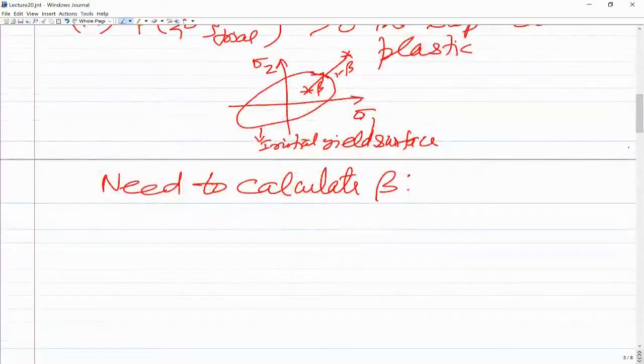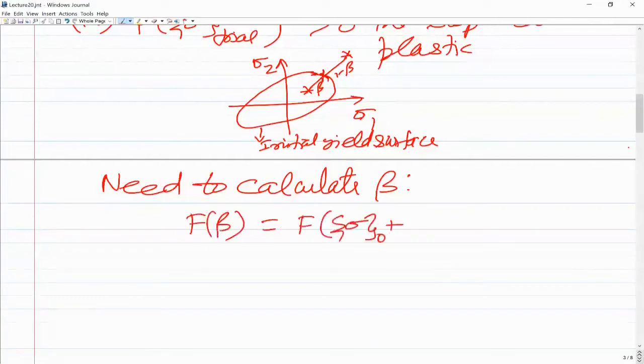By coming to this point, where f is just equal to 0, you calculate f of beta, which would be calculated as f of sigma naught plus beta times delta S. You calculate this and equate it to 0, and from this you can find beta.